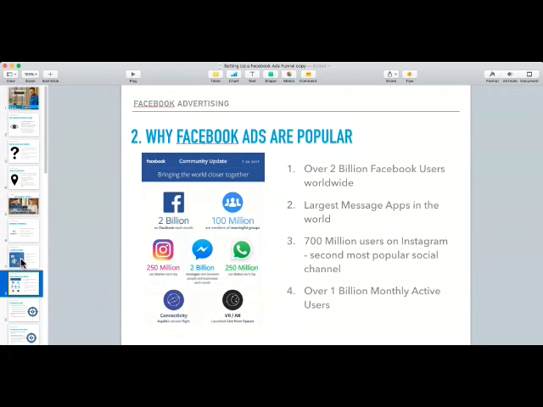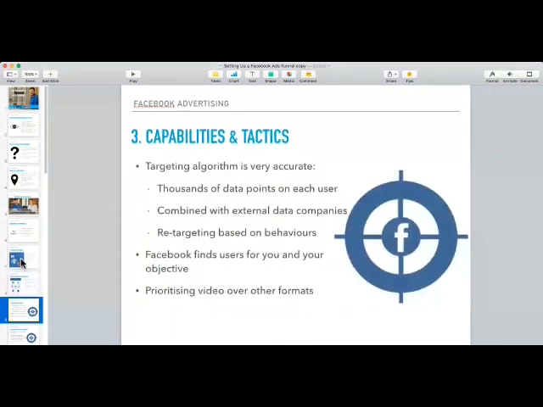And the great thing about Facebook is their algorithm, which basically determines what you see on your newsfeed. So every time you log in, there's an algorithm that is determined by thousands of different data points on each user.